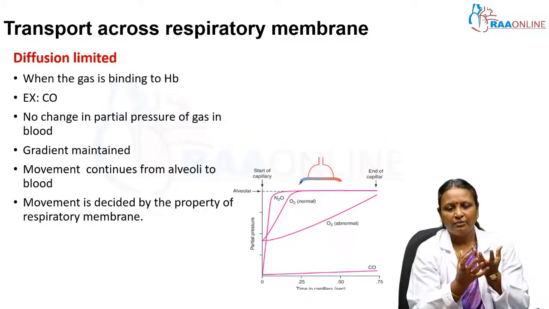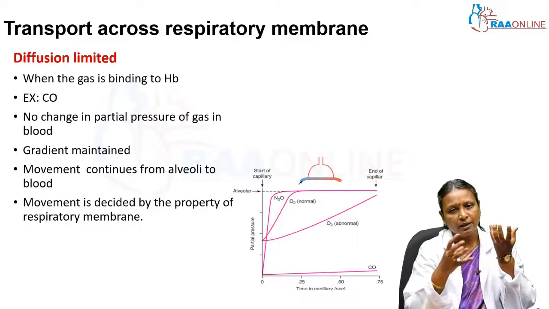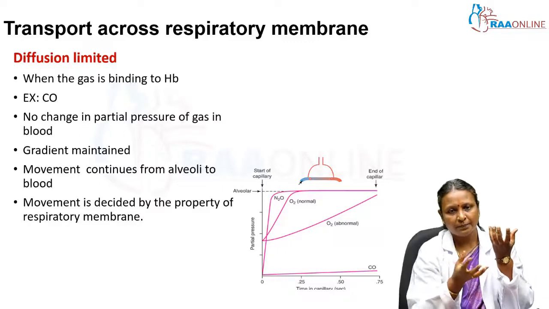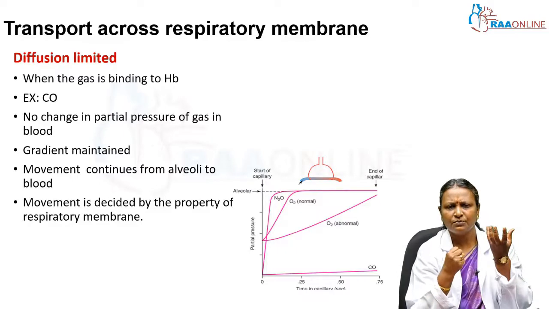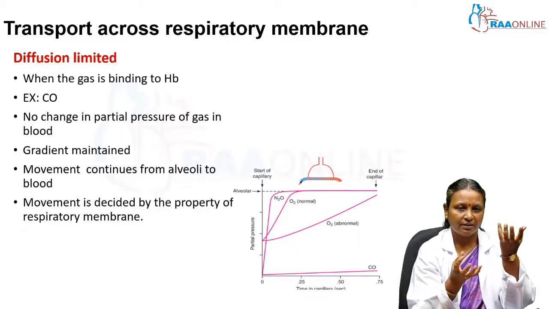The alveoli will have carbon monoxide. If the alveoli is going to have carbon monoxide, the hemoglobin is there in the blood. The affinity of carbon monoxide to hemoglobin is very, very high. So whenever carbon monoxide is available, carbon monoxide is not available in the blood. What happens?